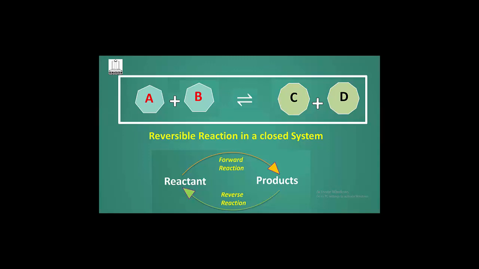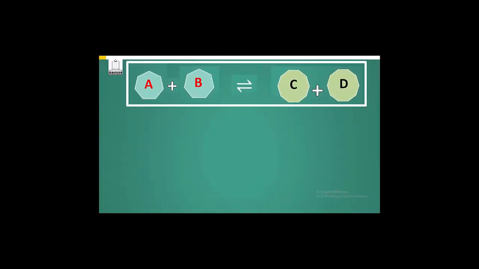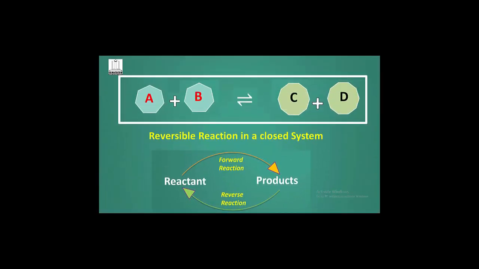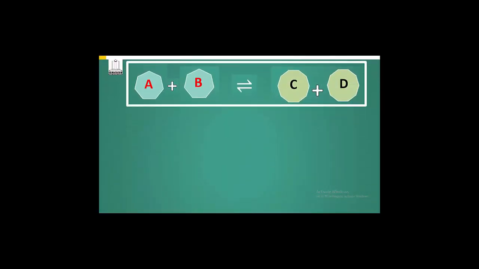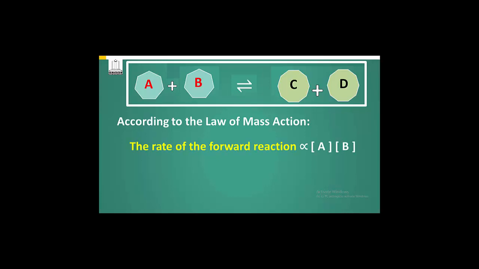Dear students, in the initial stages of a reversible reaction, as we studied in the previous lecture in characteristics of forward reaction, at the initial state the rate of forward reaction is fast. So, according to law of mass action, the rate of forward reaction is directly proportional to the active masses of A and B, which is Rf directly proportional to [A][B].